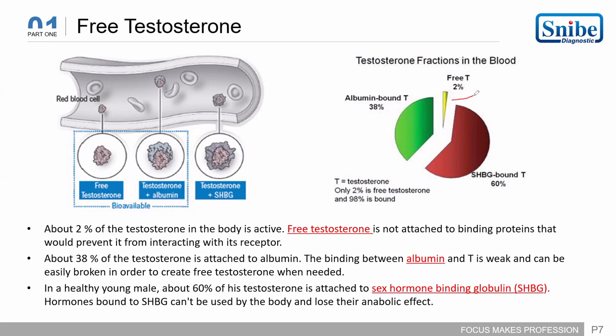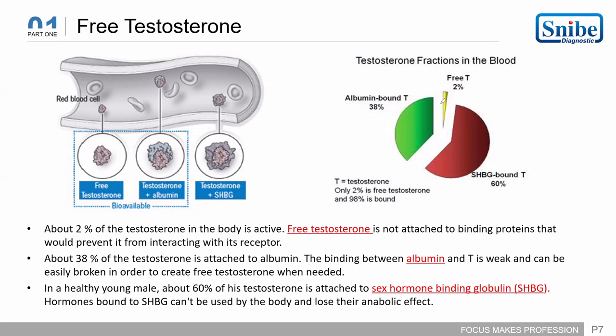The free testosterone is not attached to a binding protein that would prevent its interaction with the receptors. The sex hormone binding globulin bound testosterone is almost 60%, and the albumin bound testosterone is 38%. Only 2% is free testosterone, while 98% is in the bound form.